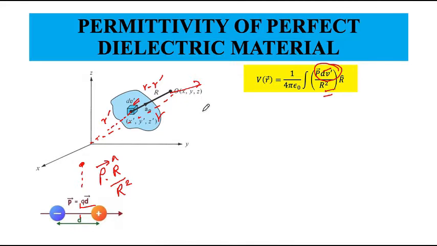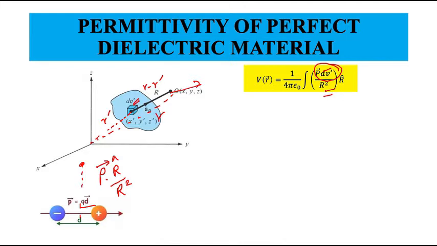Now we will assume that this field point is kept at a very large distance. That is how we noted down this field for a dipole earlier, right? So we assume that the dipole itself, or the dielectric material itself, is confined to a small region.